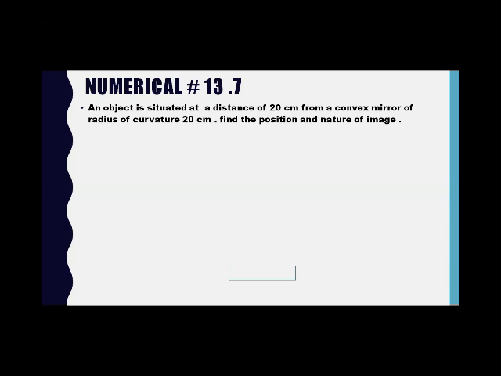So first we have to find the focal length, and then we are going to solve for the image distance. So here it is very simple. Object distance is given, and from the radius of curvature we will find the focal length, right?